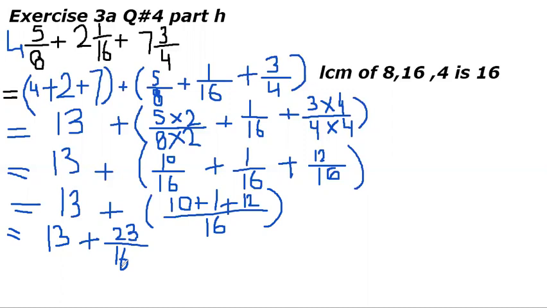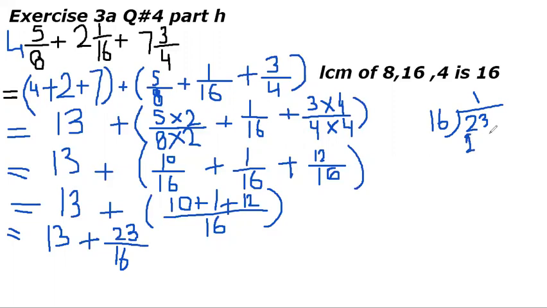So I need to change it into a whole number fraction. How can I change it into a whole number fraction? By dividing. We'll divide 23 by 16. 16 one times is 16, because 16 two times gives us a bigger number.